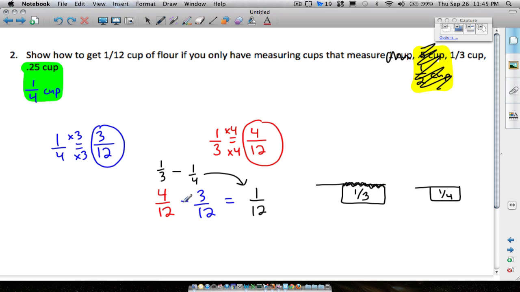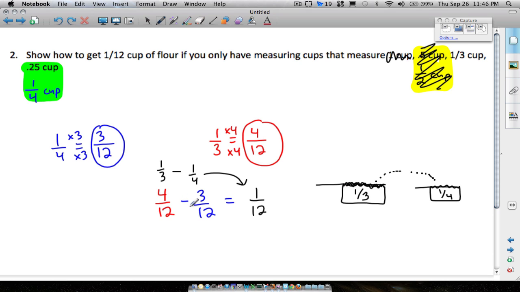Well, we want to take away a 1/4 of a cup. Well, how do we take away a 1/4 of a cup? Let's take this flour that's full in this 1/3 of a cup and let's dump the flour out of here, and let's dump enough flour to fill this up. So essentially what you're doing is you're taking that 1/3 right there, that 4/12, and when you add flour into here, you're taking it away from here.